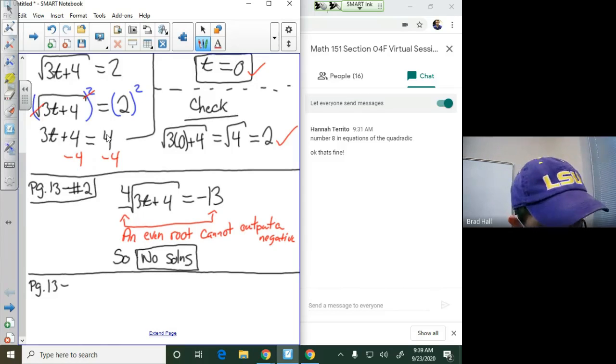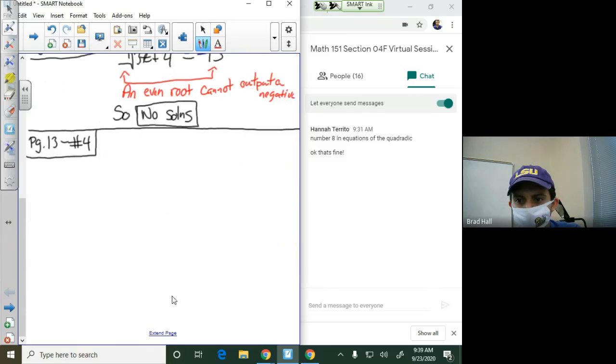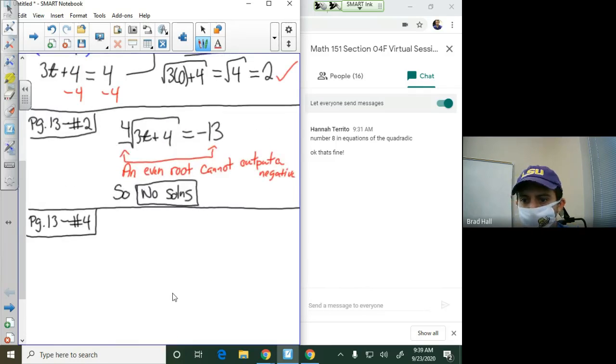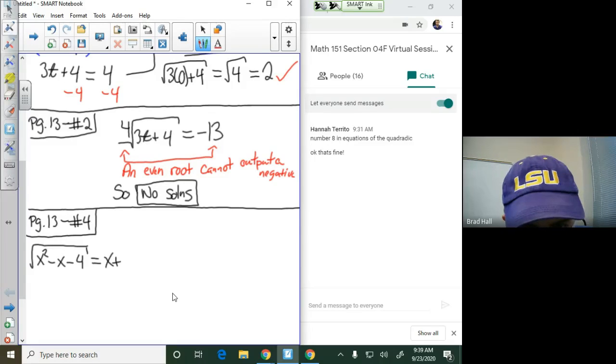The last one I assigned on this page is number 4. This one wants us to find the solutions for the square root of x squared minus x minus 4 is equal to x plus 2.